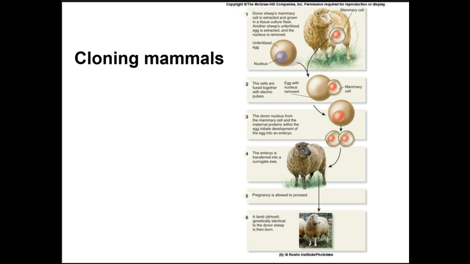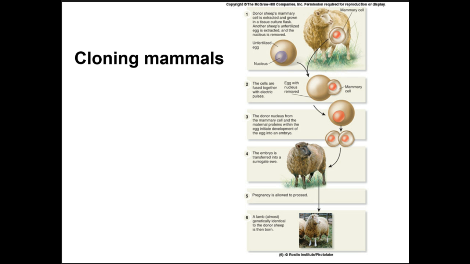So basically they replaced the haploid nucleus in the unfertilized egg with a diploid nucleus from a body cell. So now you have an egg that has the full amount of chromosomes it needs to develop into a baby without actually having been fertilized with sperm.